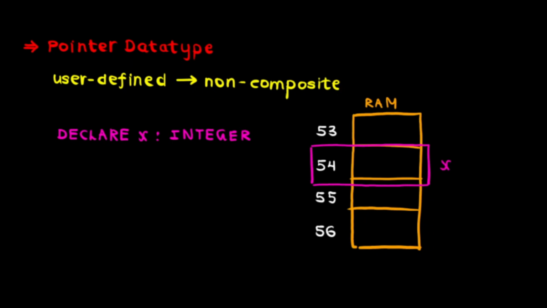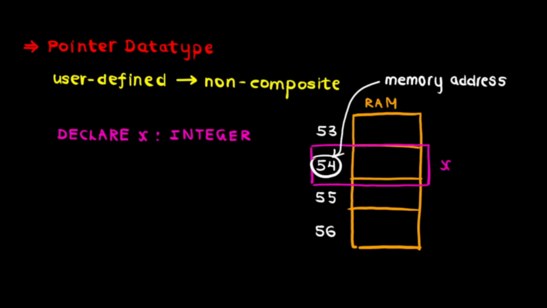And by the way, 54 is x's so-called memory address. And everything else are also memory addresses for their respective locations. So 53 is a memory address, 54 is a memory address, and so on. But that memory location denoted by 54 is what we have allocated to x to store an integer.